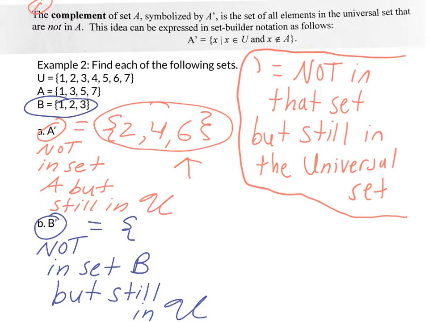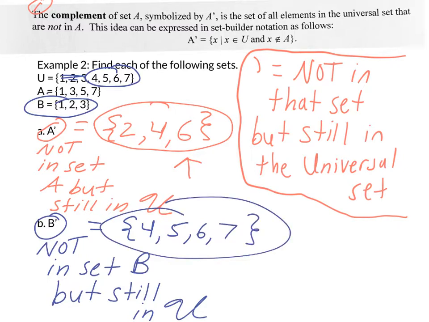So I'm comparing to the universal set. If I get rid of 1, 2, 3, all the leftover elements in the universal set that were not in B are 4, 5, 6, and 7. So if set B was 1, 2, 3, its complement is 4, 5, 6, and 7 as the final answer.